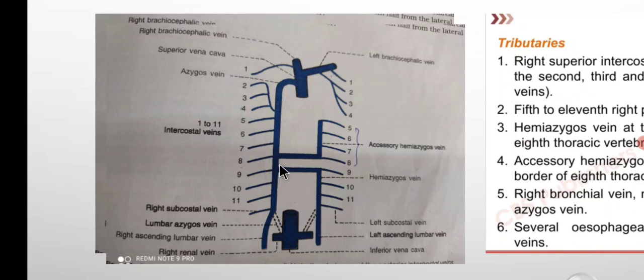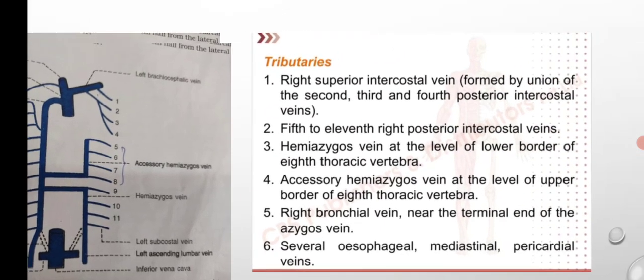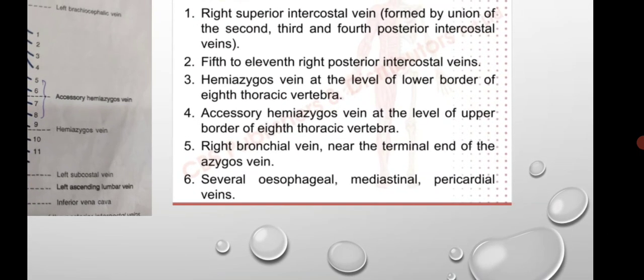Even it receives several small veins, that is esophageal, pericardial and mediastinal veins. In addition it receives the right bronchial vein near the terminal end of the azygous vein.